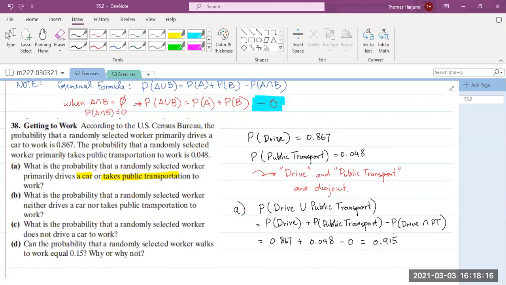The number may be very close to what we have in LA. But as far as I know, in Manhattan, New York, most people actually use public transport. The number is the other way around.